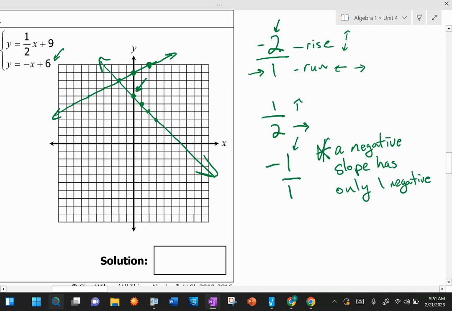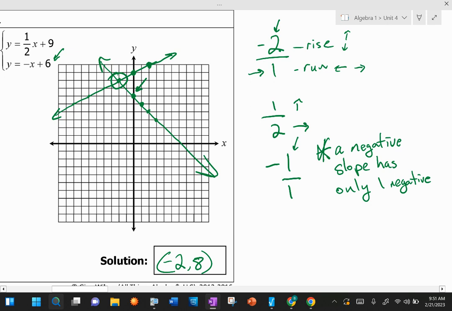Okay. What is our solution? Negative 2, 8. From this point. Yeah, from the origin. Your values are always in relation to the origin because that's your starting point.